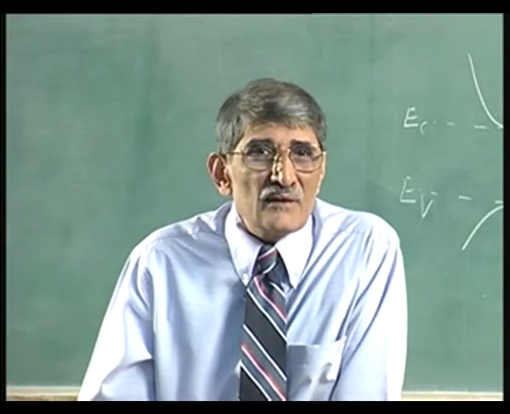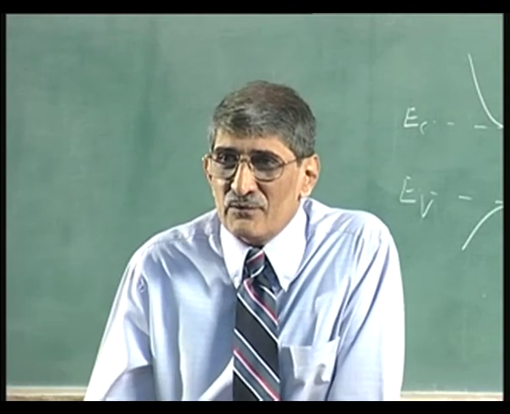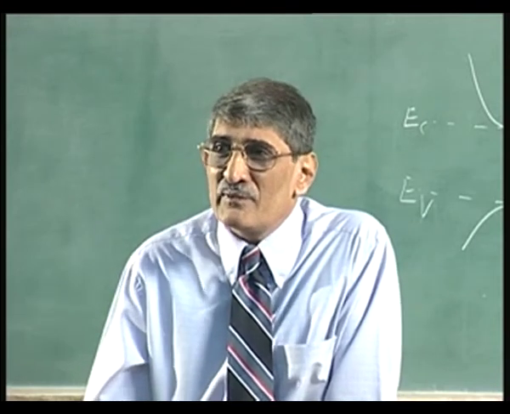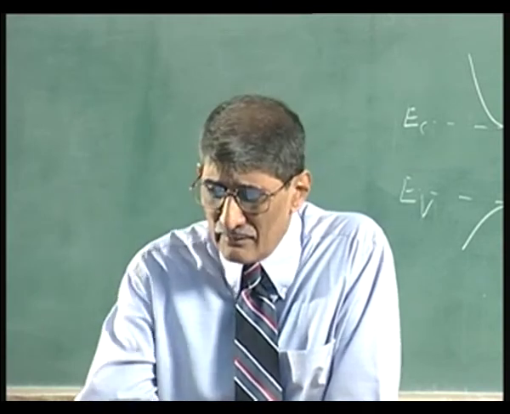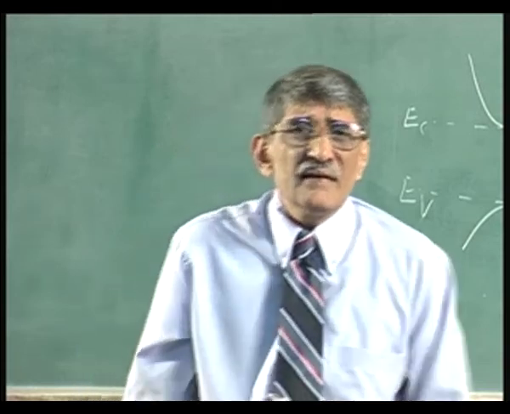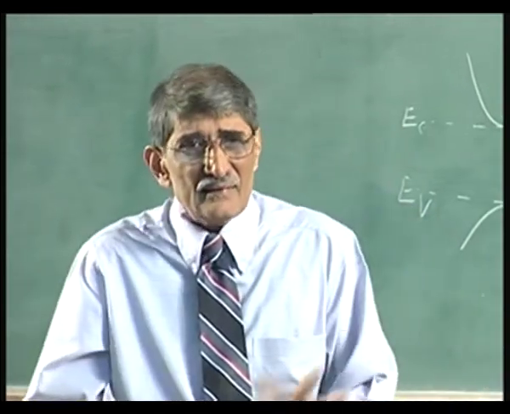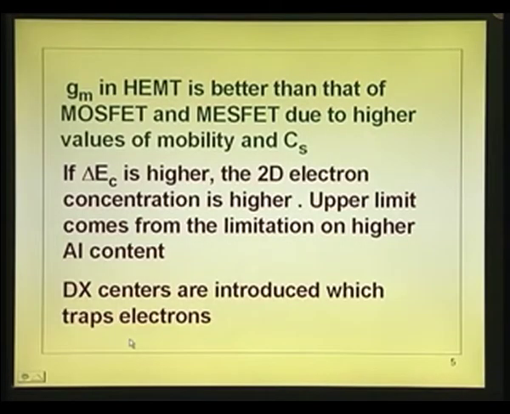So, the technology suffers from this difficulty. The technologist puts hands up immediately and says there is an upper limit, and added to that is this performance limitation because of this center which is called the DX center. I do not know why they call it DX center, it is a trap center. There are usually funny ways of naming some of these devices and some of the behaviors.